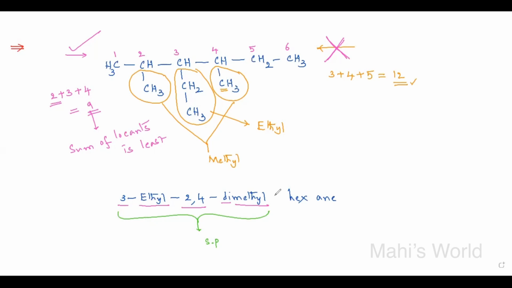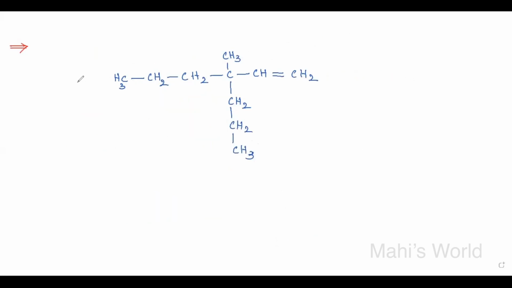You don't have a primary prefix because it is acyclic, not a cyclic one. Then look at this. This is the root word. And this is the primary suffix. No secondary suffix.